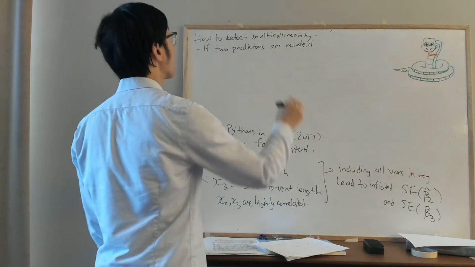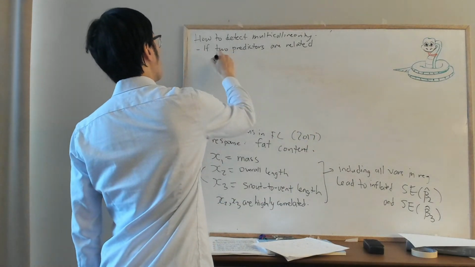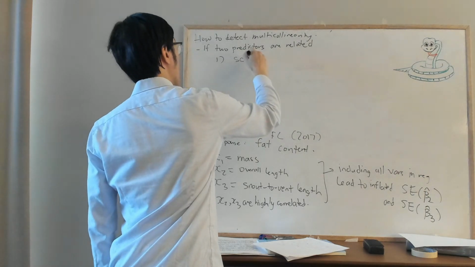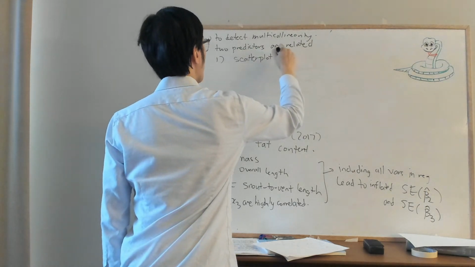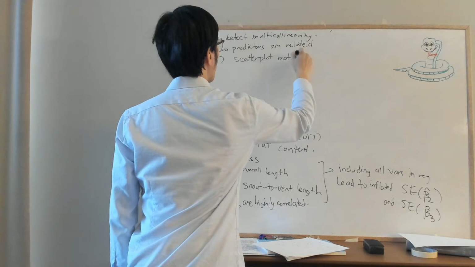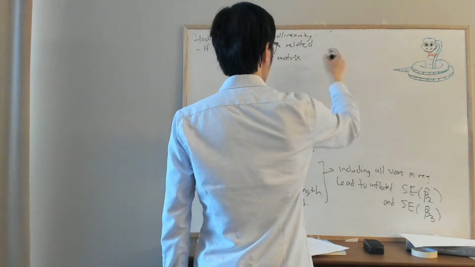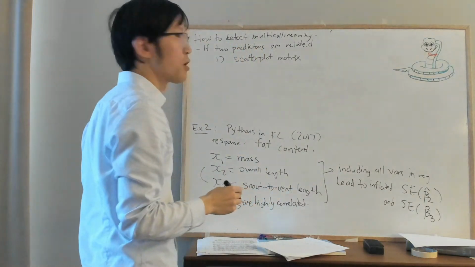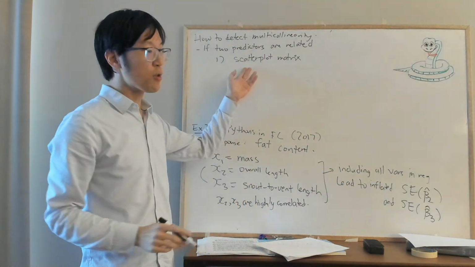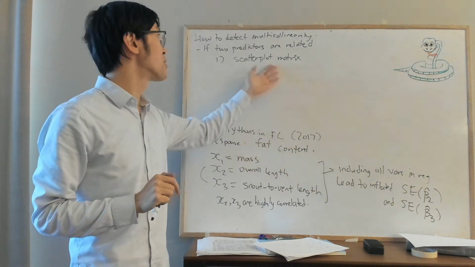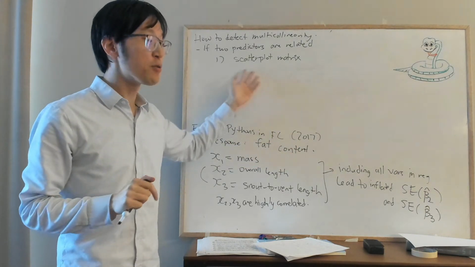Okay, so you can make a scatter plot matrix. So that means we plot all pairs. So remember, with a scatter plot, we only plot two variables at a time. So when we say scatter plot matrix, it means plotting all pairs of scatter plots.